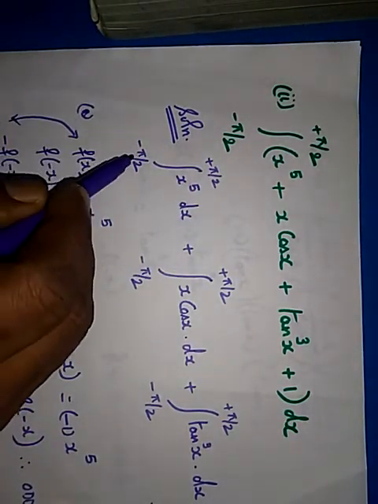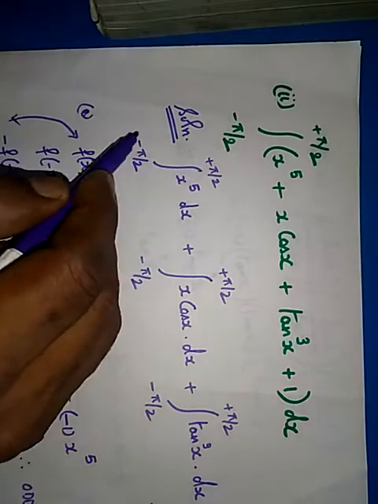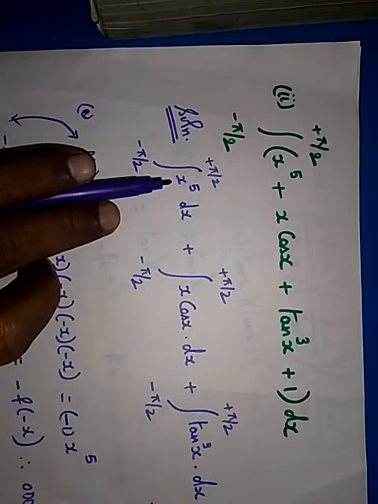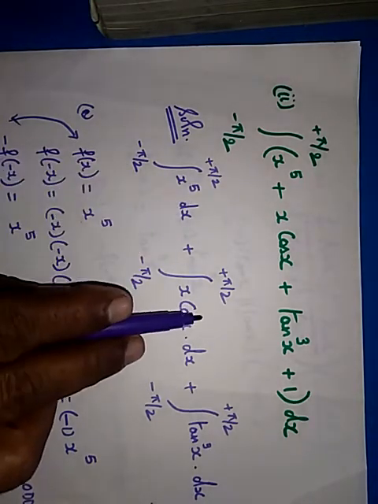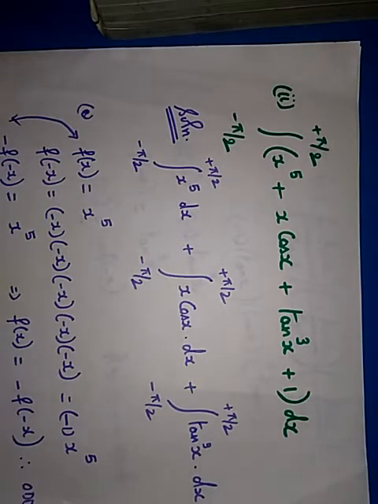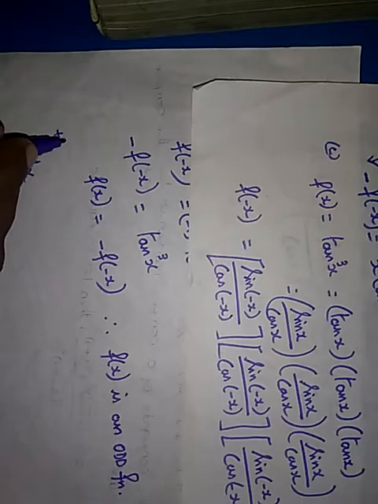The important point here is that the lower limit and upper limit should be the same with opposite sign, and moreover the function f of x should be an odd function. So this is an odd function, this is an odd function, this is an odd function. So these three terms will become 0. So finally we have only the last term. What is the last term? We have integral dx from minus pi by 2 to plus pi by 2.